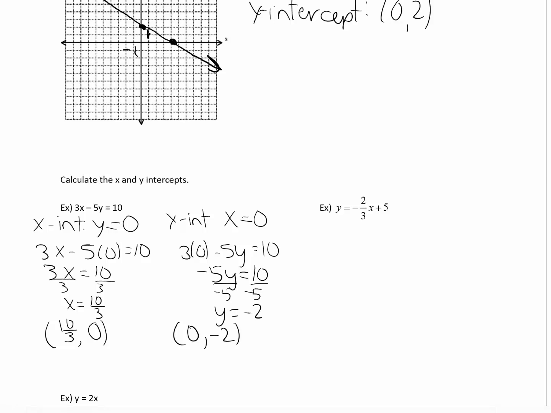Okay, let's take a look at the next example. So again, let's start with the x-intercept. That means y is 0. Because I have a fraction here, I'm going to multiply every single term by 3 to get rid of the fraction.